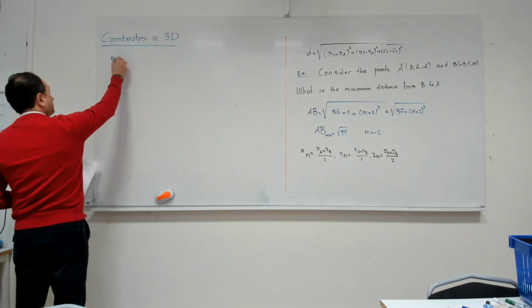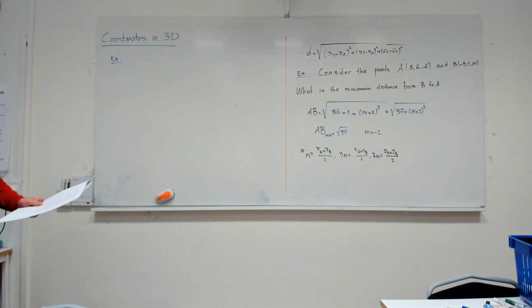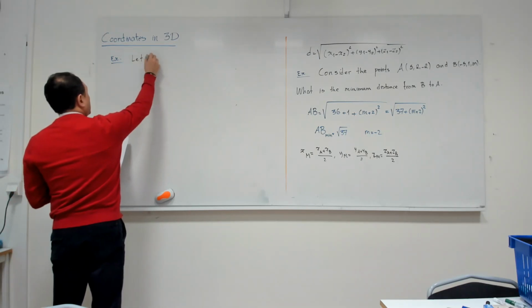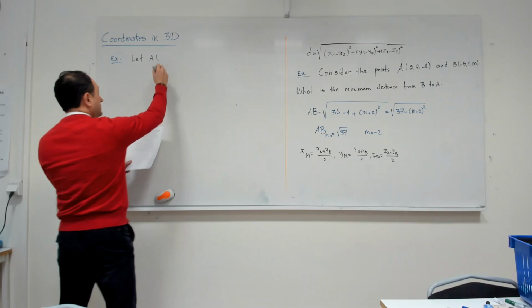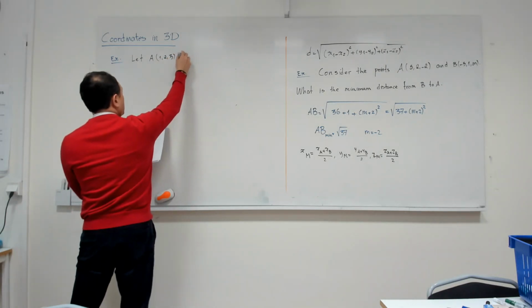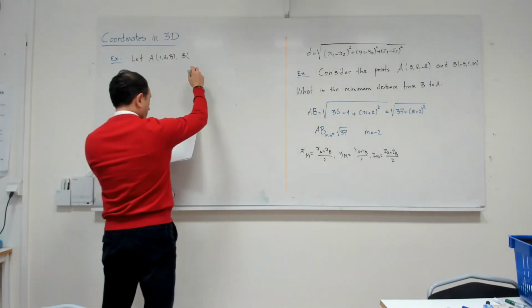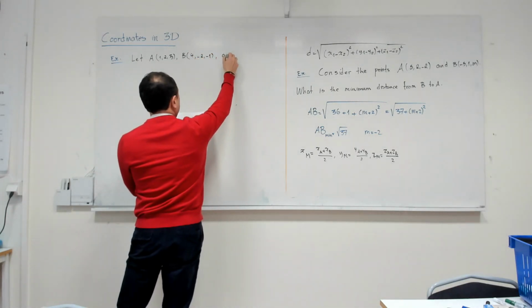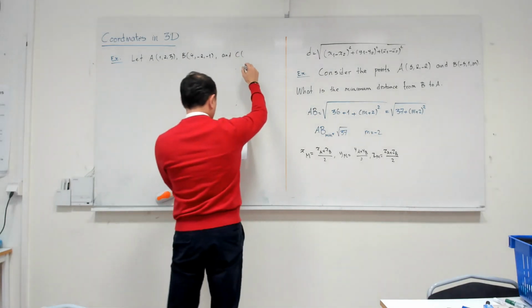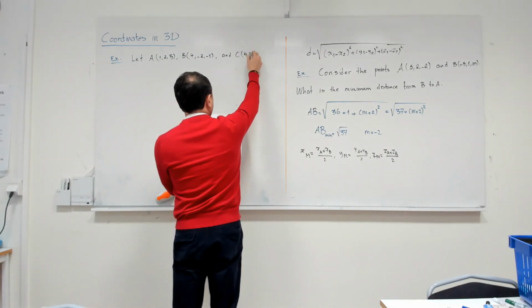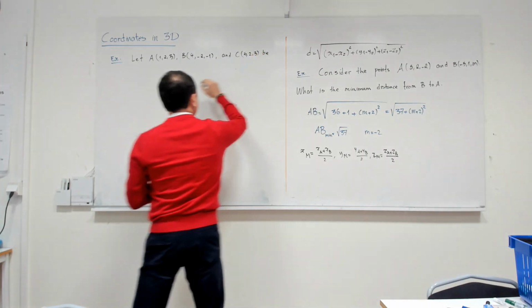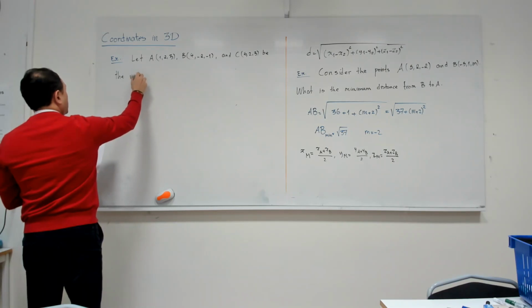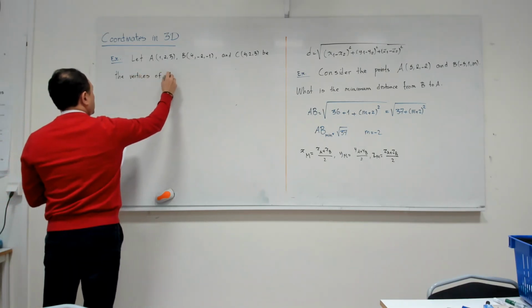Example: let A with coordinates 1, 2, 3, B with coordinates 4, -2, -1, and C with coordinates 6, 2, and 3 be the vertices of a triangle.